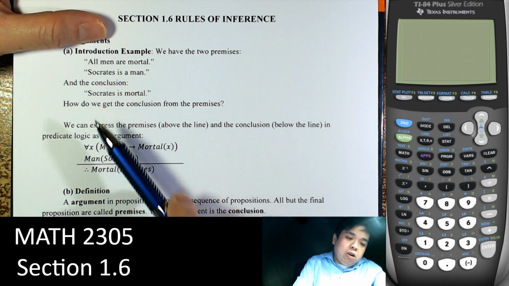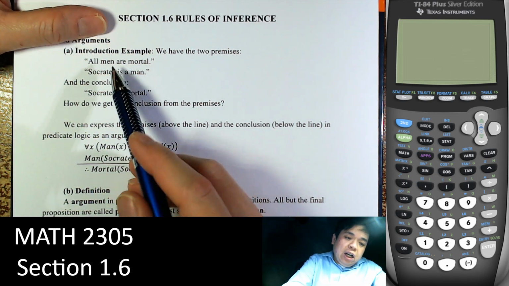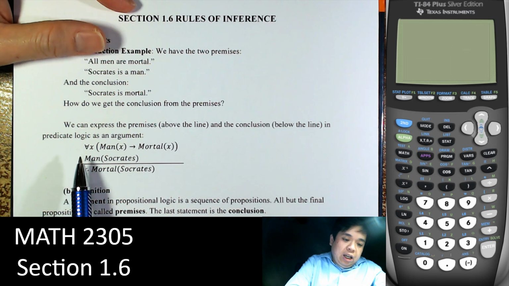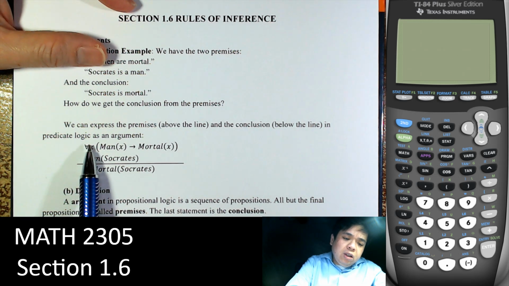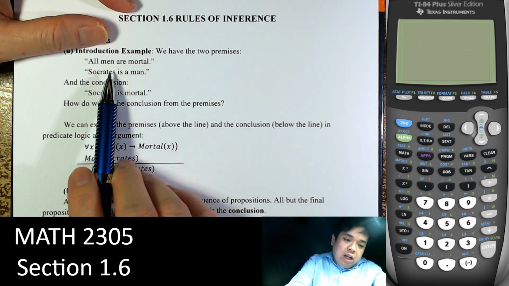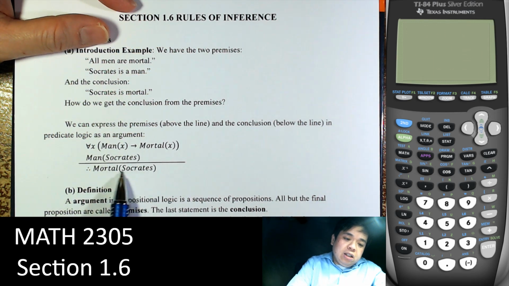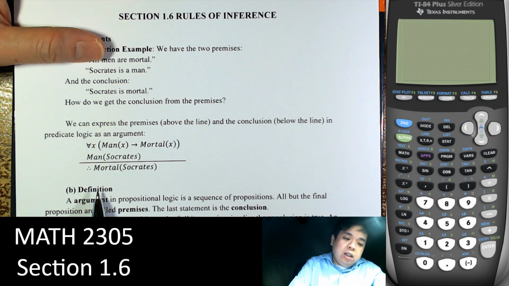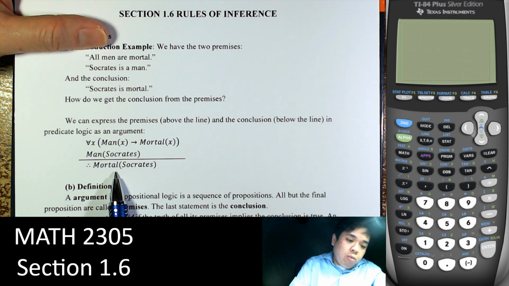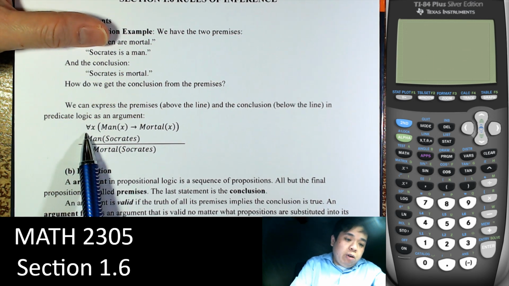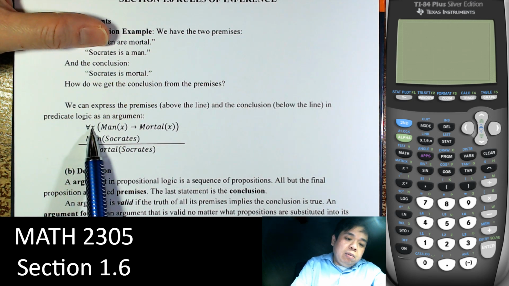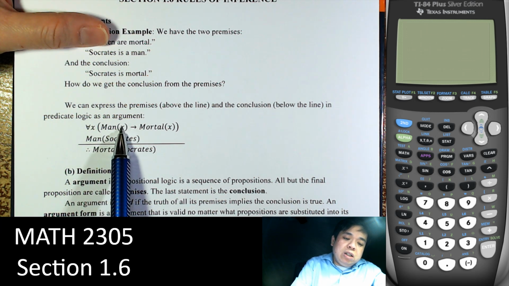Of course, if we can write this in terms of the premises, like each one of these, and then the conclusion, the last one, in predicate logic. So we say for every person, whatever we substitute in, if this is true, it implies that every man is mortal.